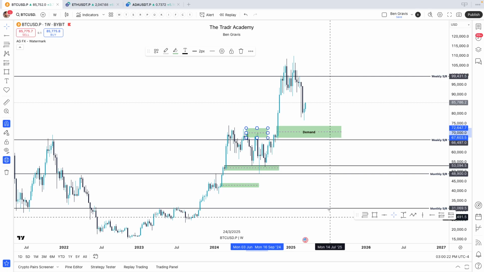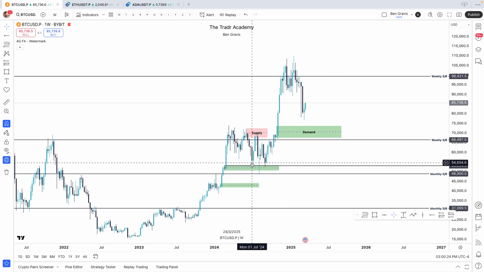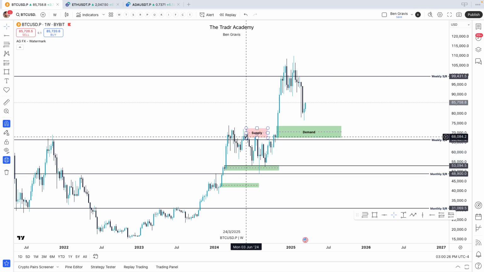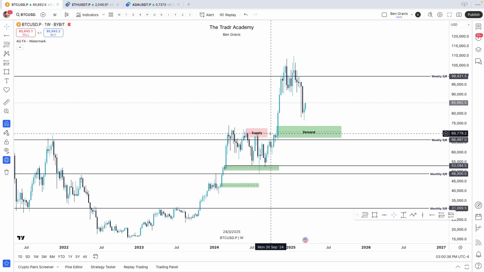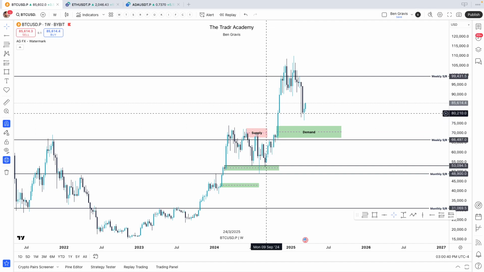Why? Because it broke market structure here, large move to the downside, so a large move with inefficiencies. An inefficiency is a fair value gap, open fair value gaps, like here. If you don't know what a fair value gap is, you should go into YouTube and look what a fair value gap is.